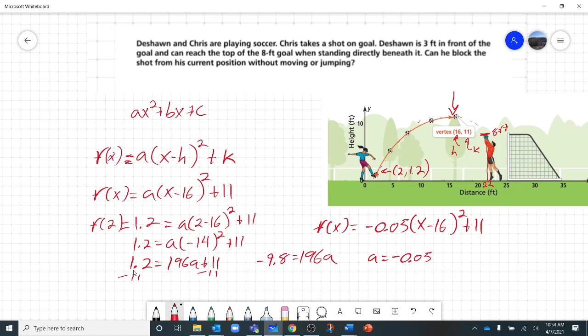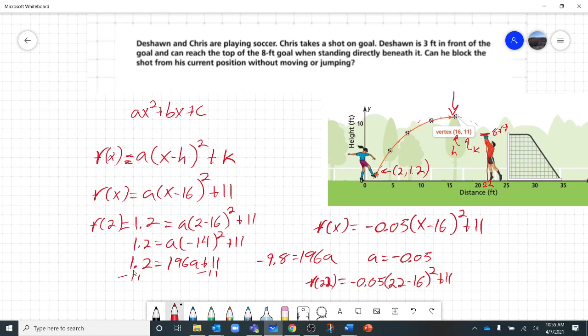So let's go ahead and plug in our x value for that. So f of 22 is equal to negative 0.05 times (22 minus 16) all squared, plus 11. We want to just plug that into your calculator. 22 minus 16 is 6. I'm going to square that and then times it by negative 0.05.